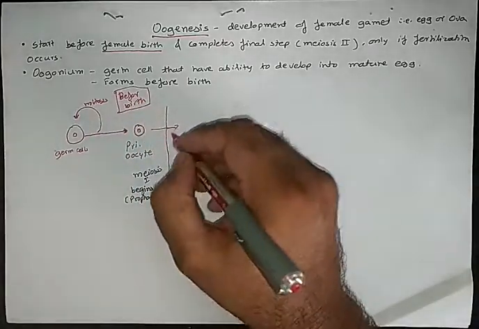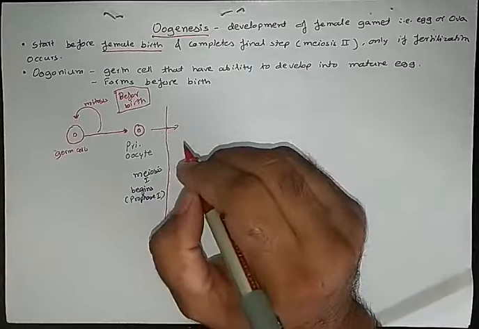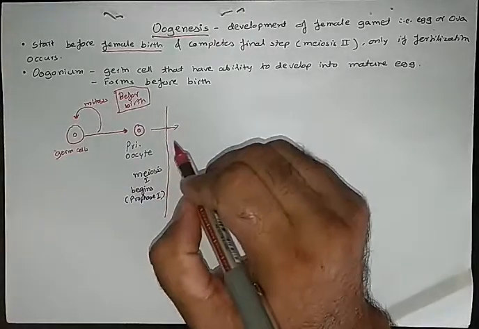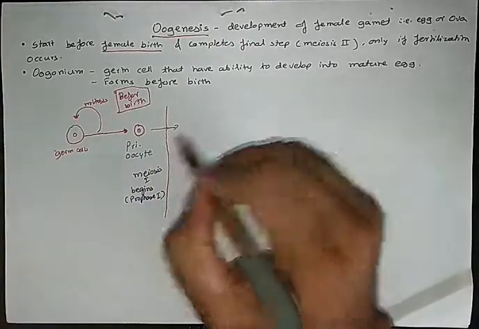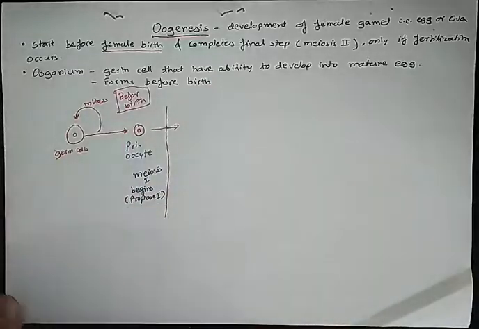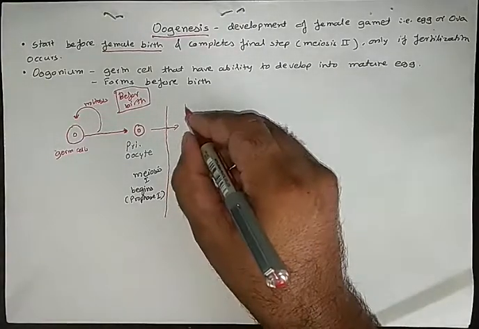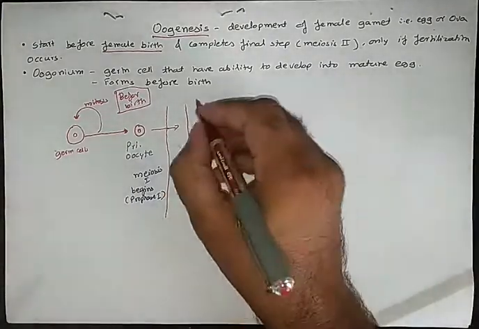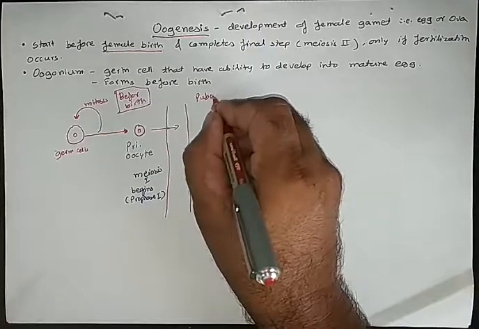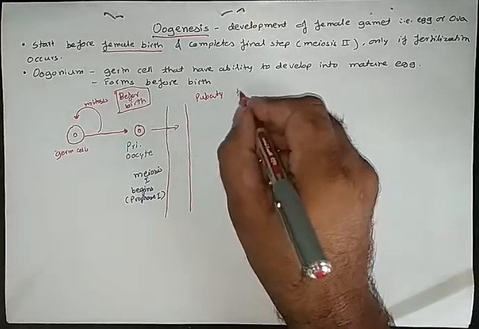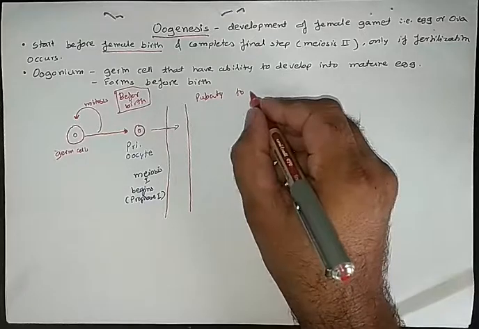So after birth there is underdevelopment, or the ovaries are not developed well. After birth there is a phase, that is, till puberty. Then there is the phase after puberty to menopause.